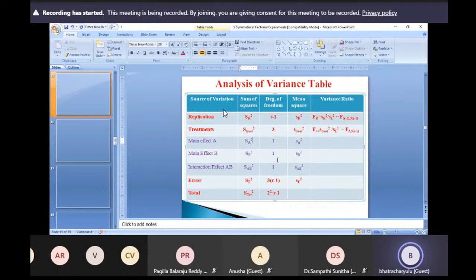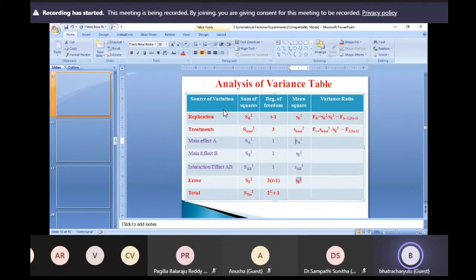So 1 degree of freedom each, the sum of the 3 ones is equal to 3. Whatever the sum of squares divided by its degrees of freedom, you get the mean square values and the variance ratios. So SR square by SE square, that value you have to calculate, and ST square by SE square.